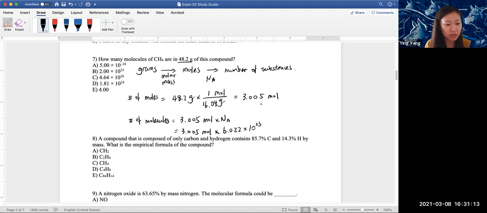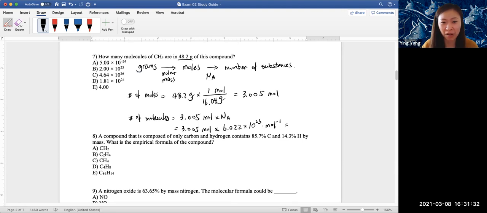And what's not reflected on the equation sheet here is the unit for Avogadro's number, which is per mole. Okay, so you multiply these two together and you're going to find out the number of molecules. And the correct answer here is D.